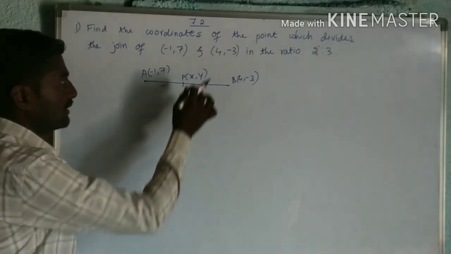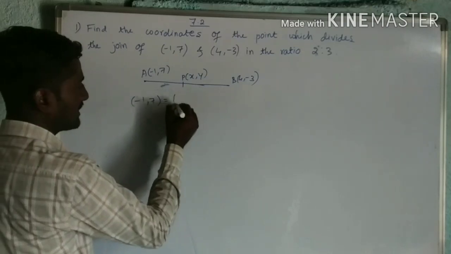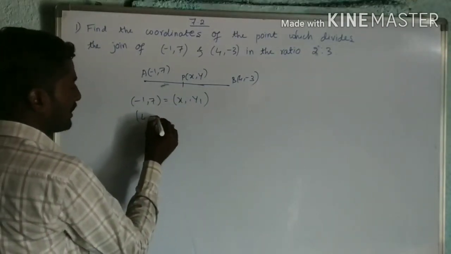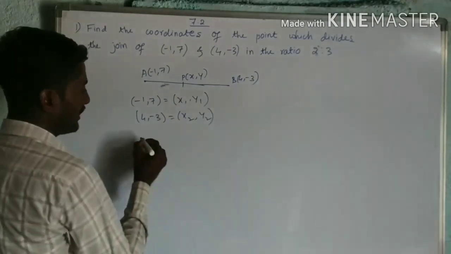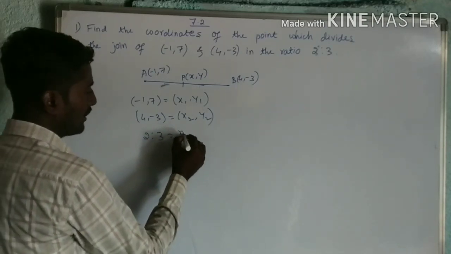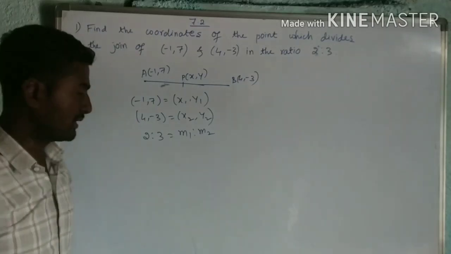Now here (-1, 7), I will take it as x1, y1. Second point (4, -3), x2, y2. Now I have to write the ratio, that is 2:3 ratio. I will take this as m1 is to m2. Now let us write the formula first.